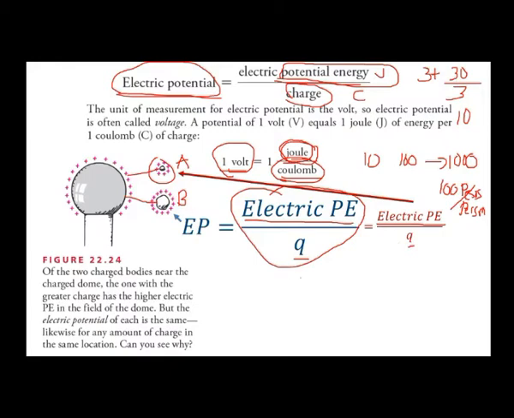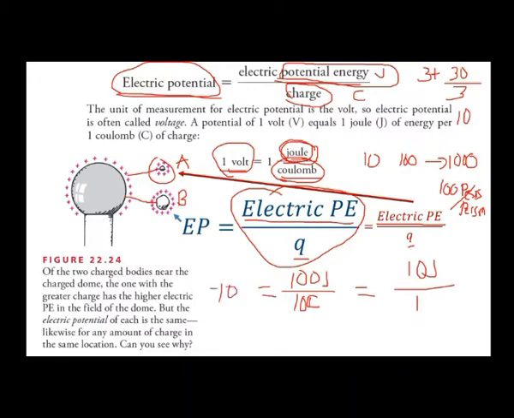If we put numbers here, let us say we have 100 joules divided by the number of charge, let us say 10 coulombs. And here we have, let us say, 10 joules over 1 coulomb. So if you divide them, both of them will have an answer of 10.